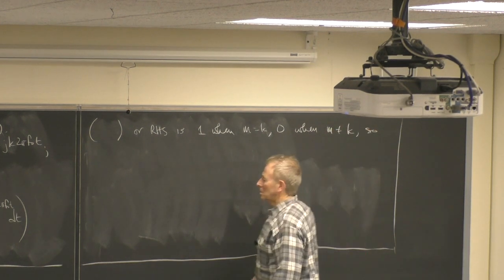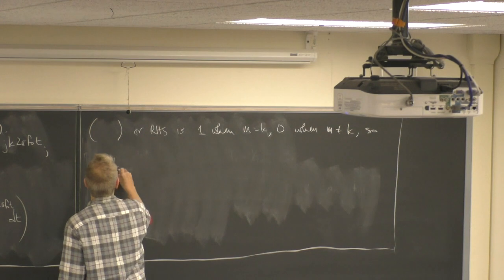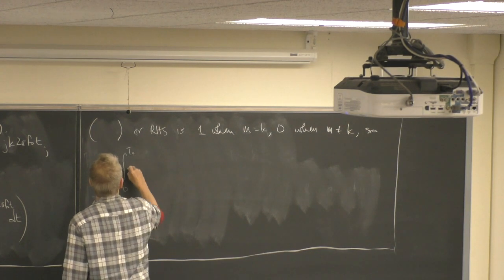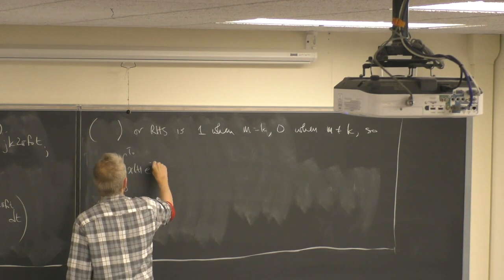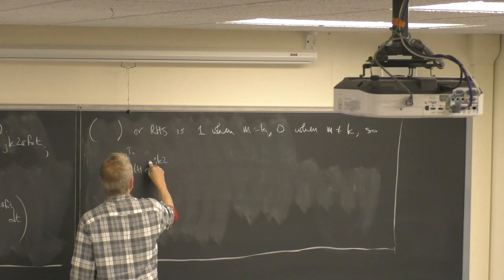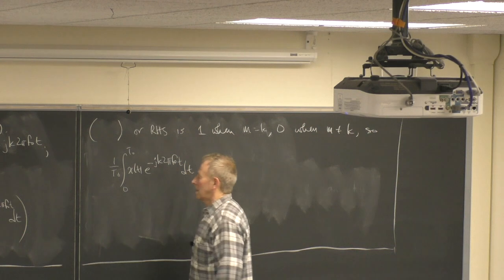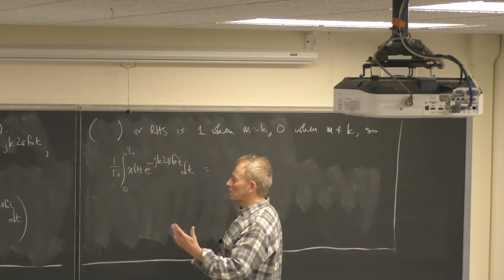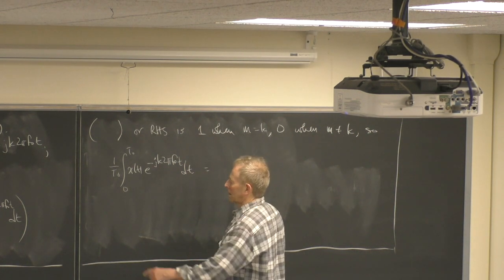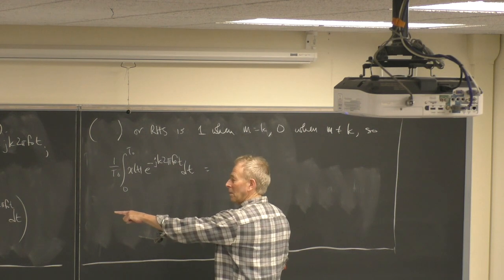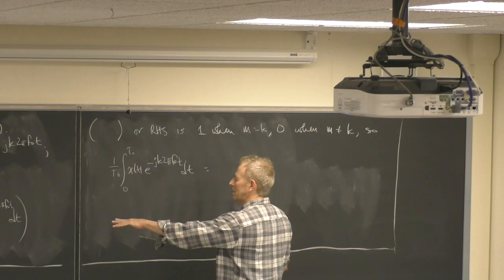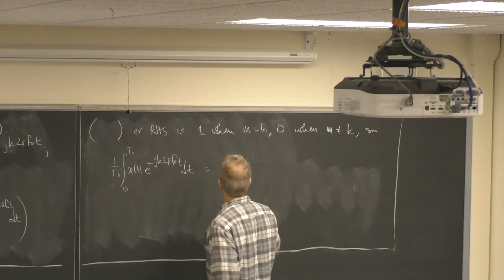So 1 over t0, integral from 0 to t0, x of t, e to the minus jk 2 pi f0t dt equals, again, a slew of zeros. The only thing on the right-hand side that could conceivably be non-zero is the m equals k term.